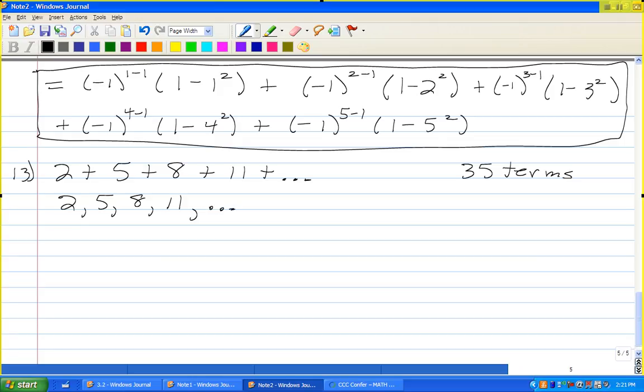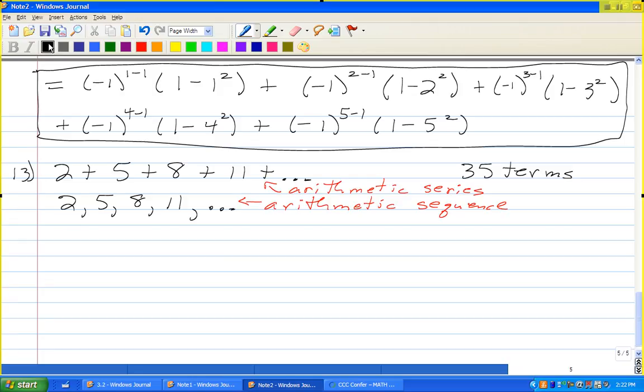And so that means that since this is an arithmetic sequence, then the series formed from this arithmetic sequence is called an arithmetic series. And so that's the title of this section, arithmetic series, which is just a series that is determined from an arithmetic sequence.